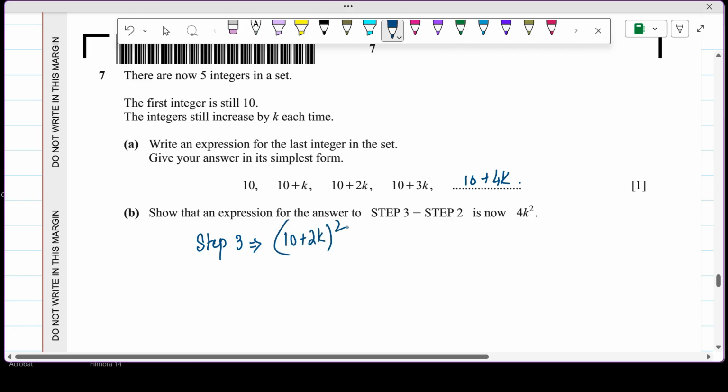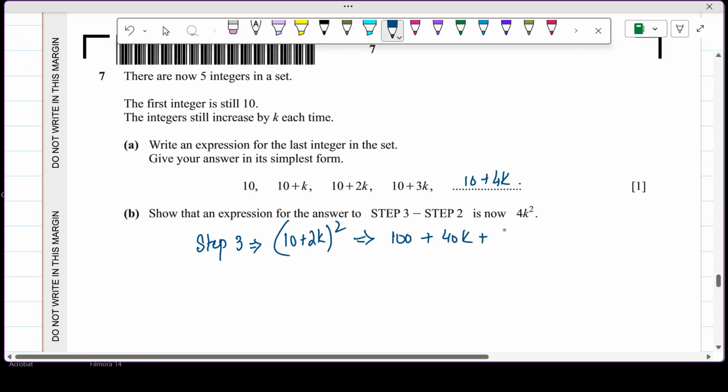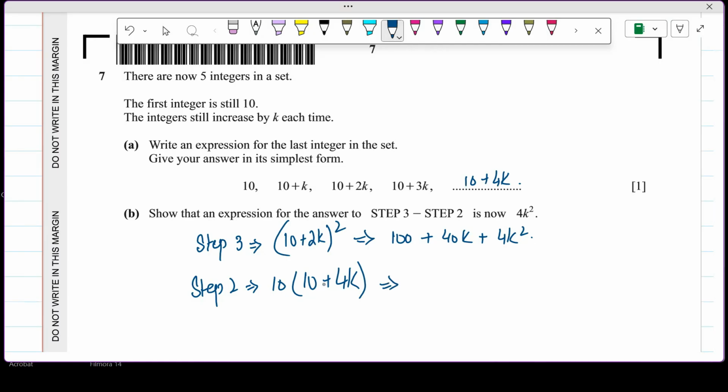So its square is equal to 100 plus 10 times 2k times 2, which is 40k, plus 2k squared, which means 4k squared. Now step 2 says the multiplication of the first and last term, so the first term is 10 and the last term is 10 plus 4k. When we multiply, we get 10 times 10 is 100 and 10 times 4k is plus 40k.